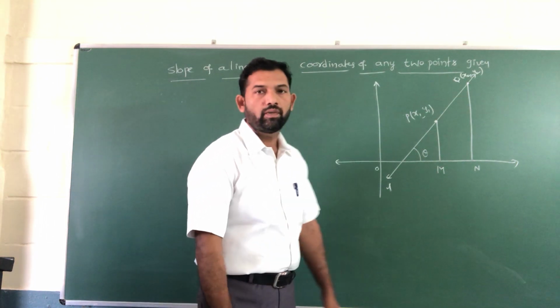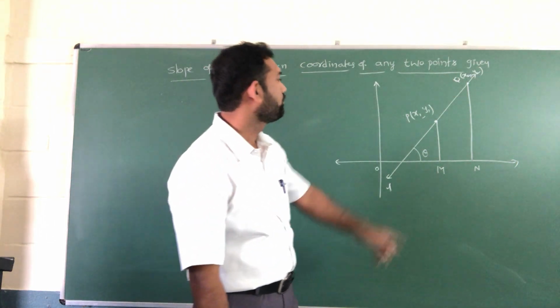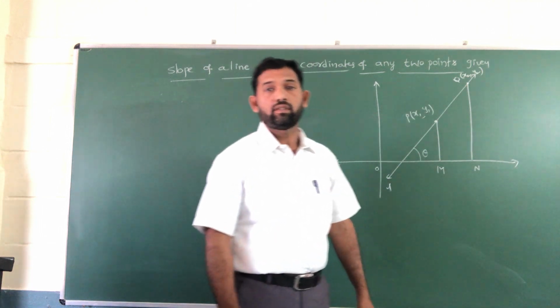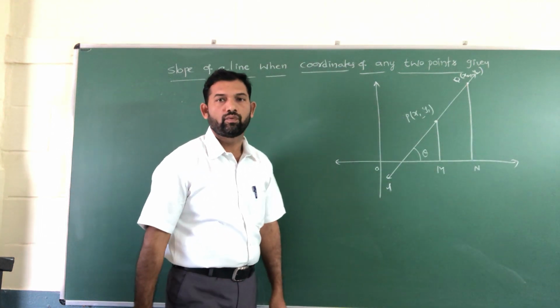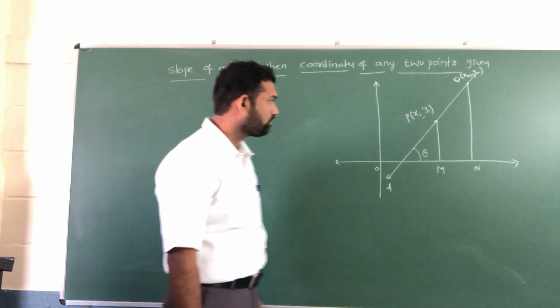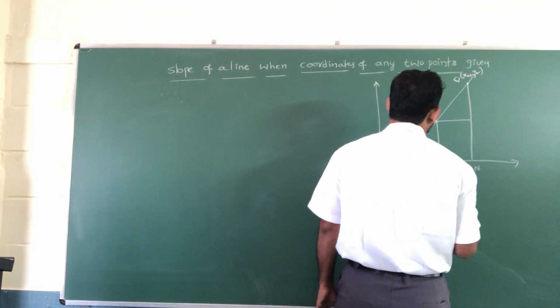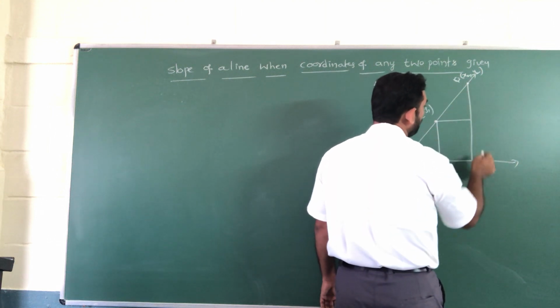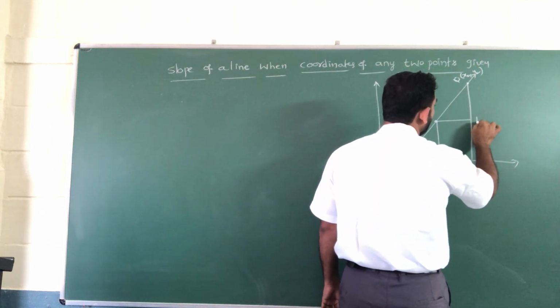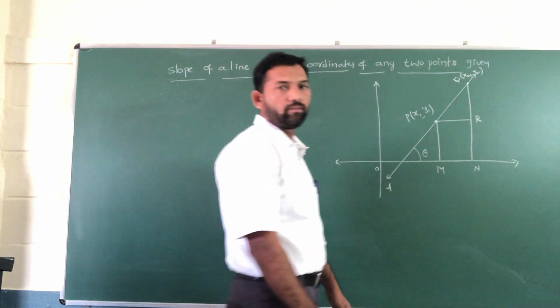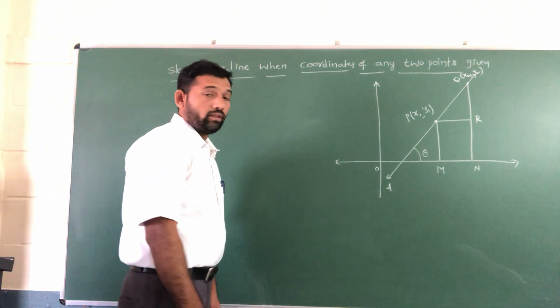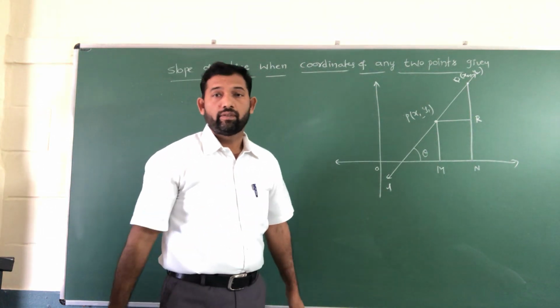So you are going to simplify. If two points are given, what is the slope? After that, draw one more perpendicular, PR, on QN. Now you know that very well.